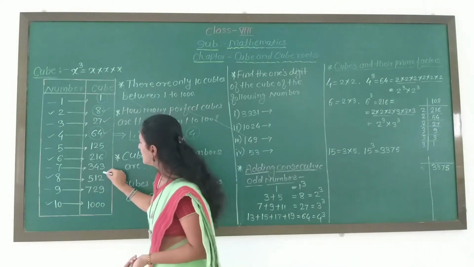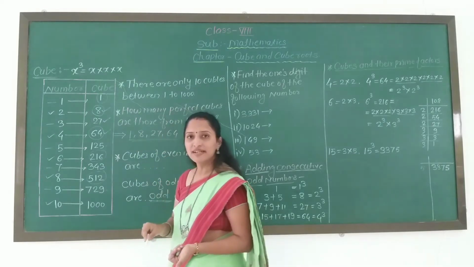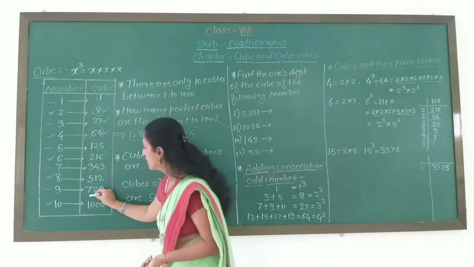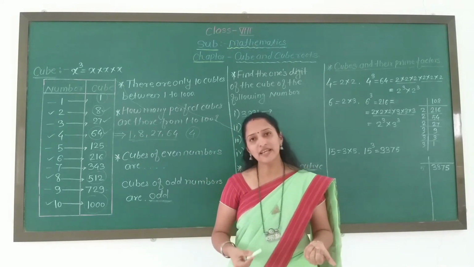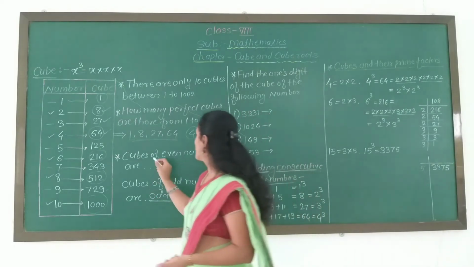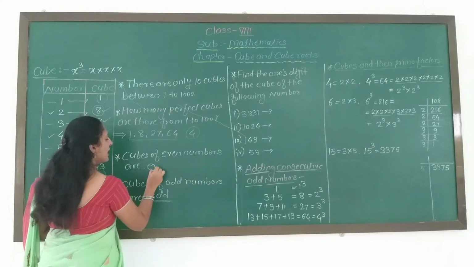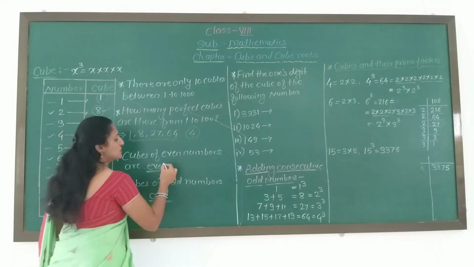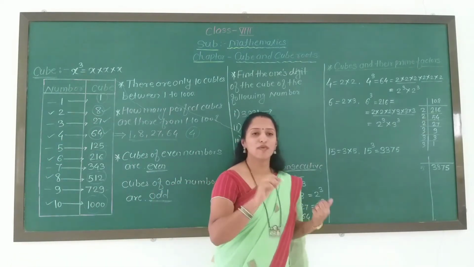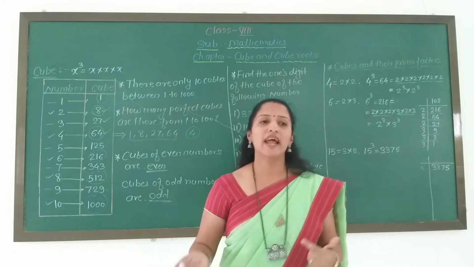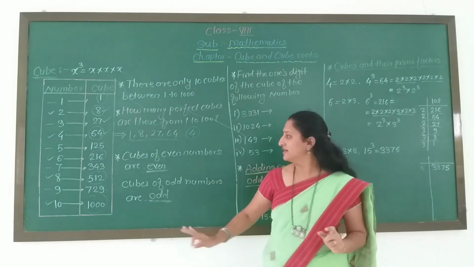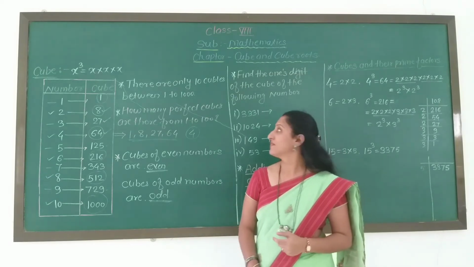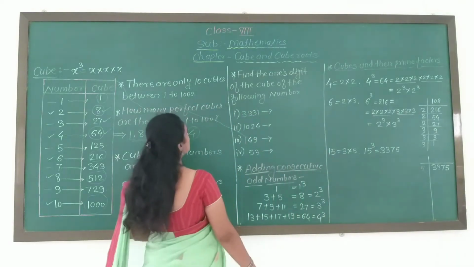Cube of 8, 512. It is also an even number. And cube of 10 is 1000. And 1000 is an even number. So, cubes of even numbers are even. Okay, so you have to remember that the cube of an odd number is odd and the cube of an even number is even. Okay, understood this? Okay. Now, there is one question.